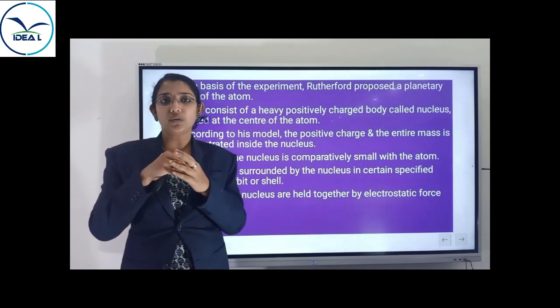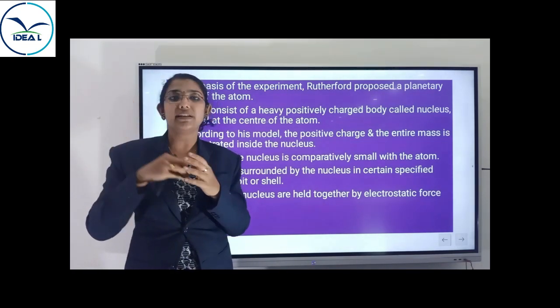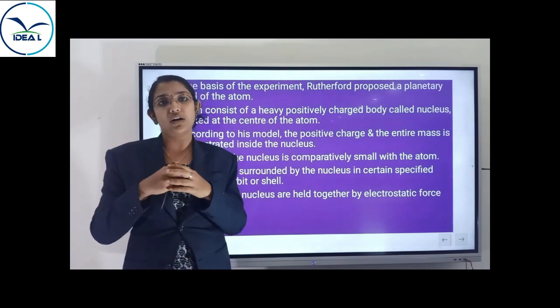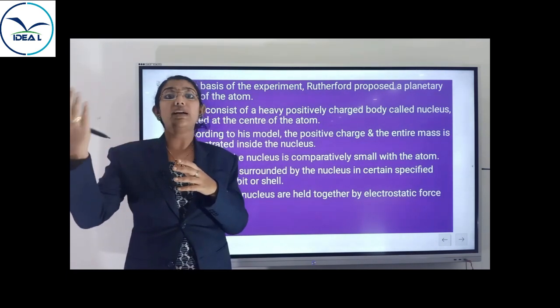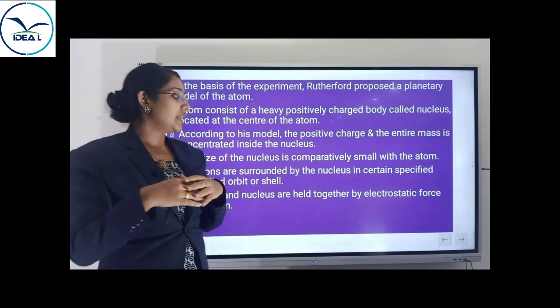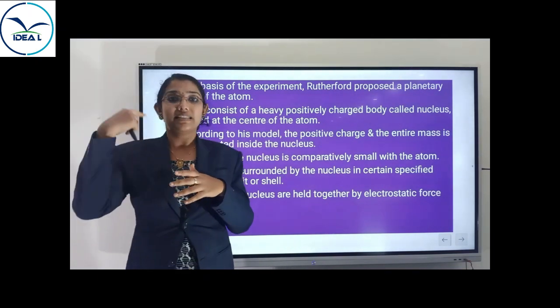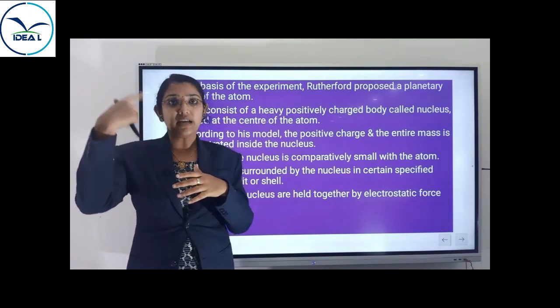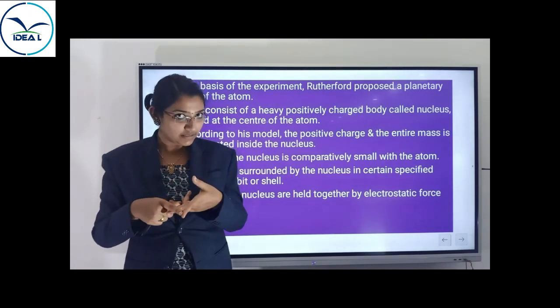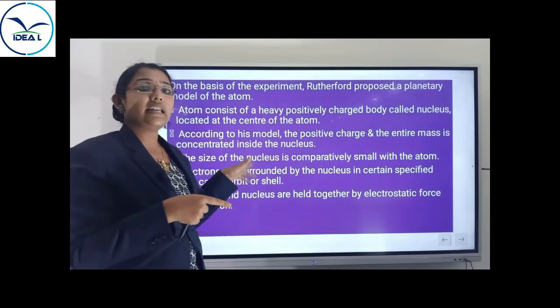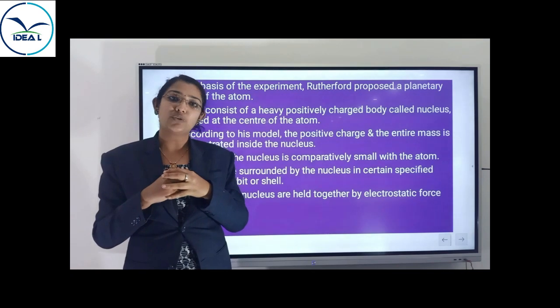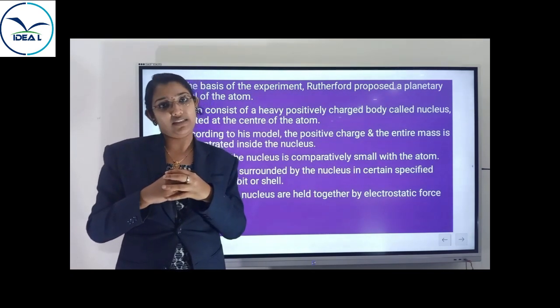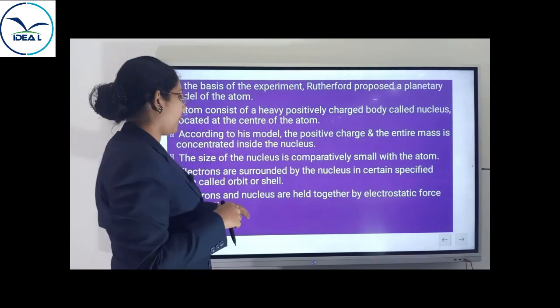The size of the nucleus, or the volume occupied by the nucleus, is negligibly small compared to the total volume occupied by the atom. Electrons revolve around the nucleus in a circular path. The nucleus and electrons are held by electrostatic force of attraction. Clear? Okay.